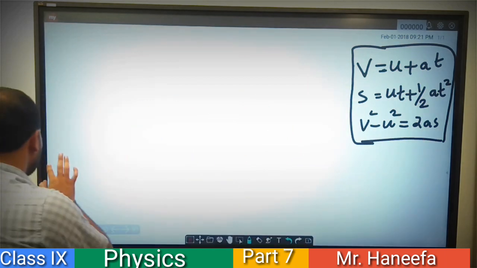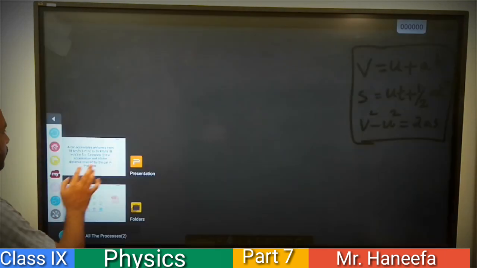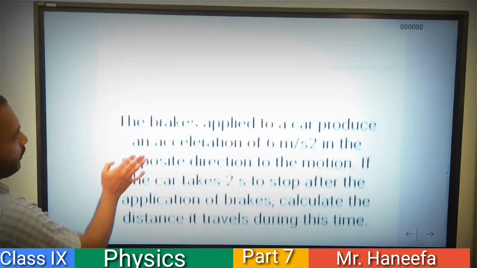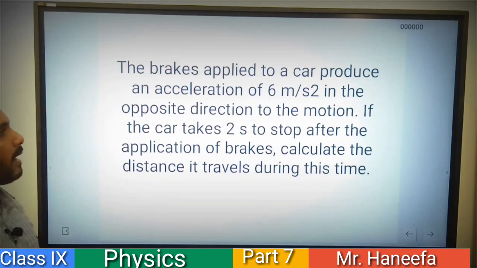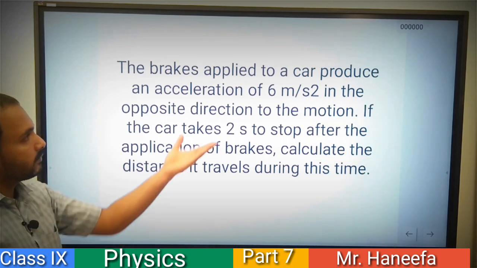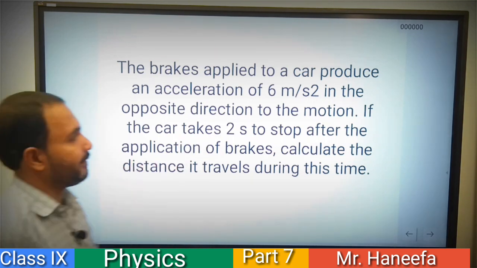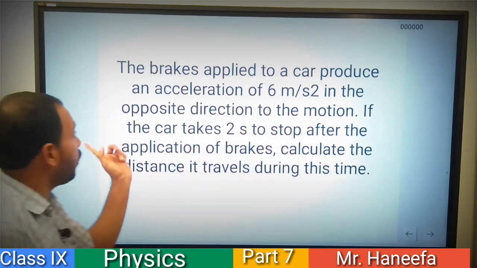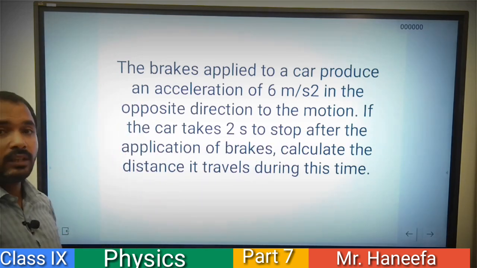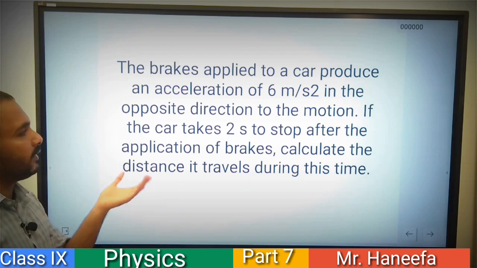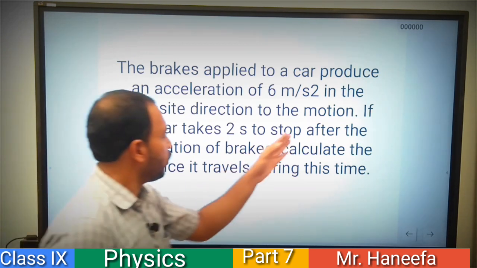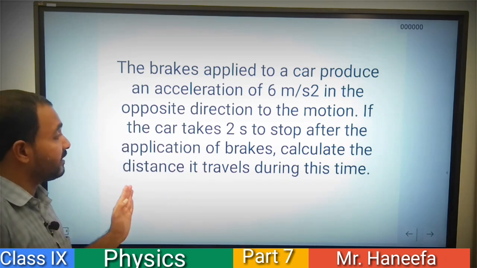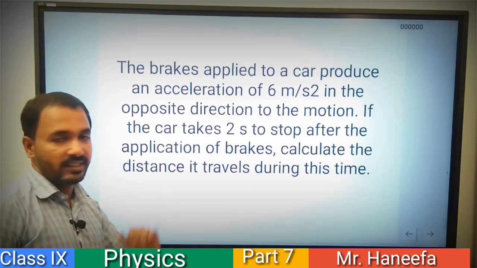Okay, next question. One more question. The brakes applied to a car produce an acceleration of 6 meter per second square in the opposite direction to the motion. If the car takes 2 seconds to stop after the application of brakes, calculate the distance it travels during this time.